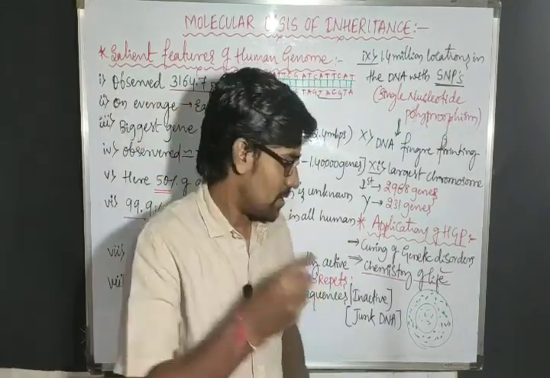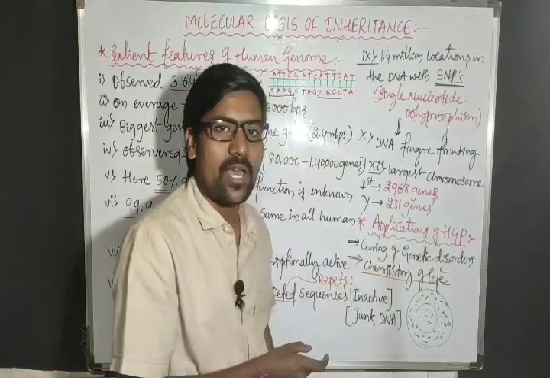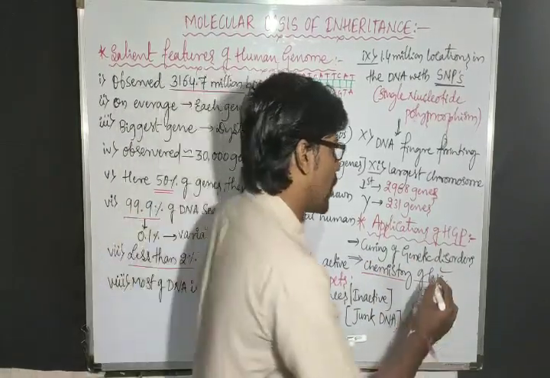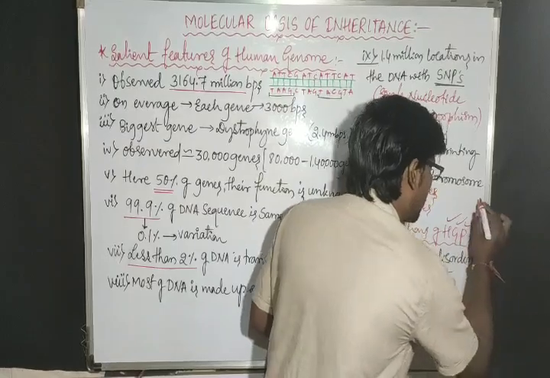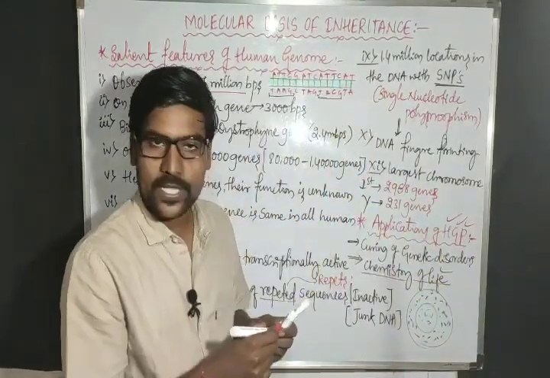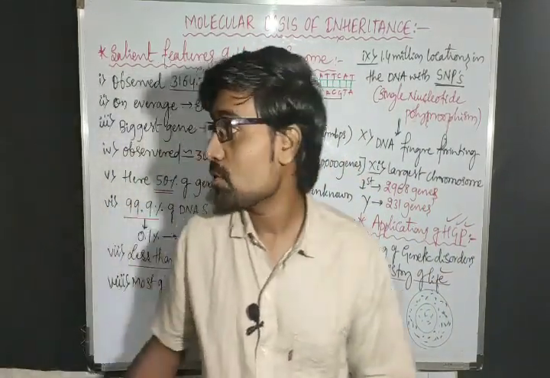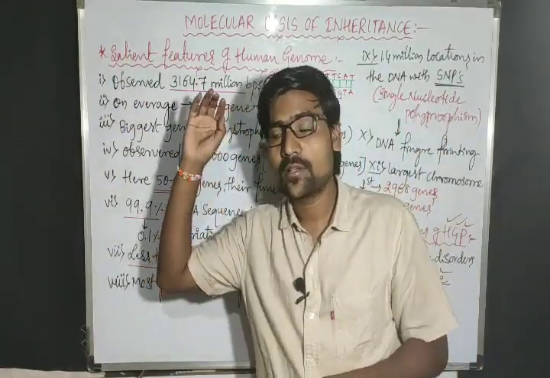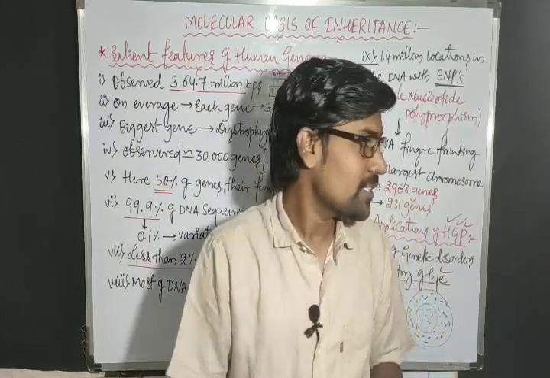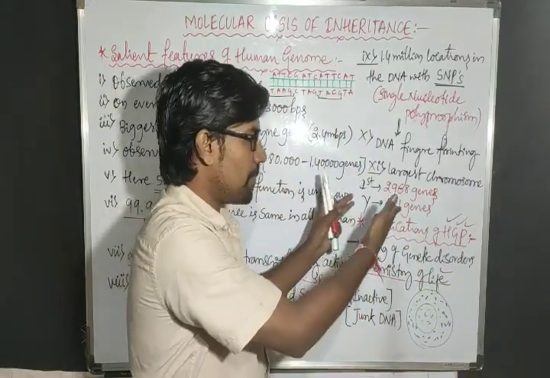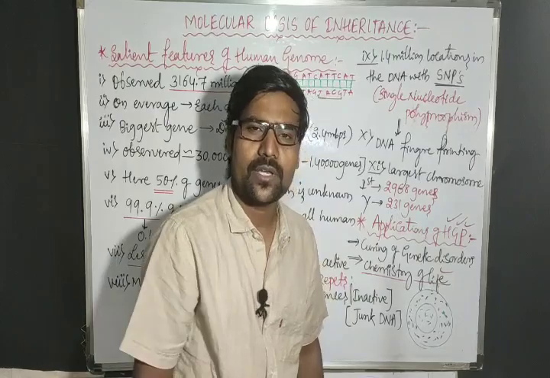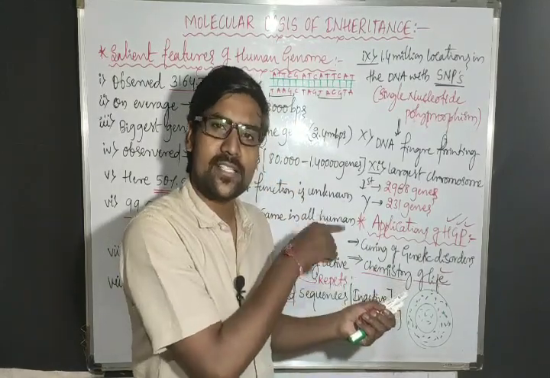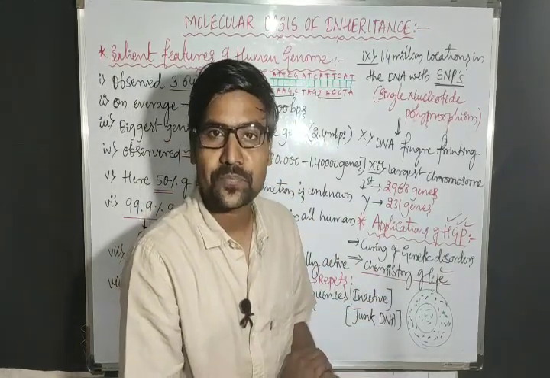But keep one thing in mind: to understand the chemistry of life, we must have knowledge of Human Genome Project applications, right? So till now we understood the salient features of the human genome, the major observations. The last one is the applications of the Human Genome Project. Of course many applications are there; these are the major applications, right?